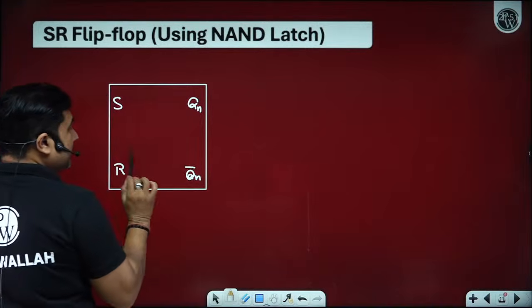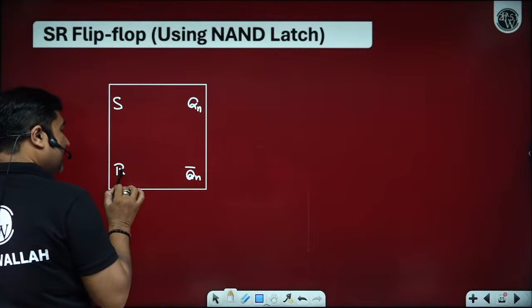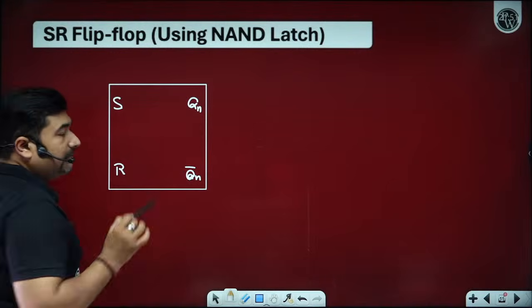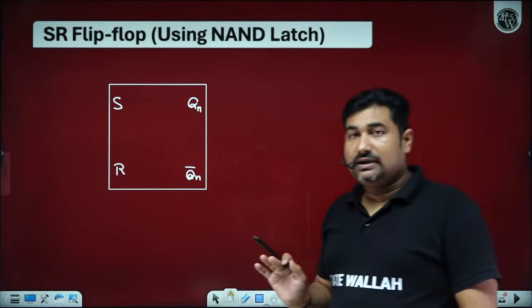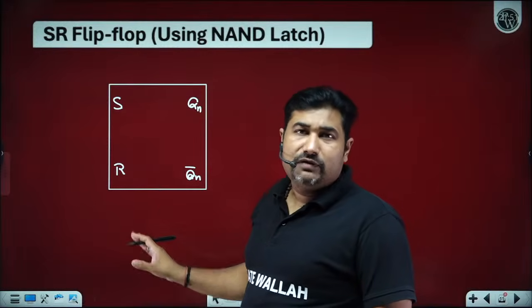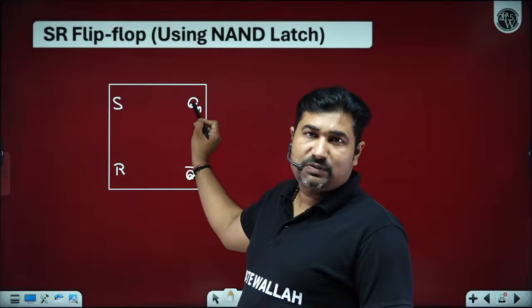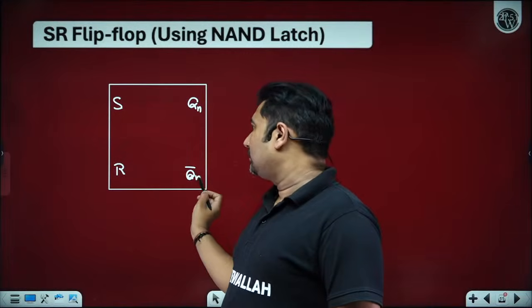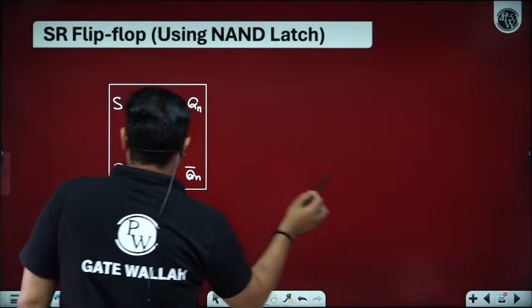Always remember, in the SR flip-flop, in front of S is always Qn and in front of R is always Qn complement. This is sure. Why? Because flip-flops will have a unique truth table. Is it okay? So whenever you have an SR flip-flop, it always works uniquely. The front value of S corresponds to Qn, and the front value of R shows the result of output Qn complement.